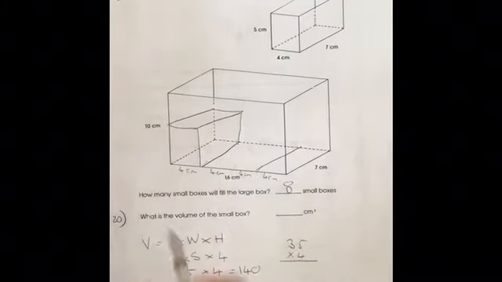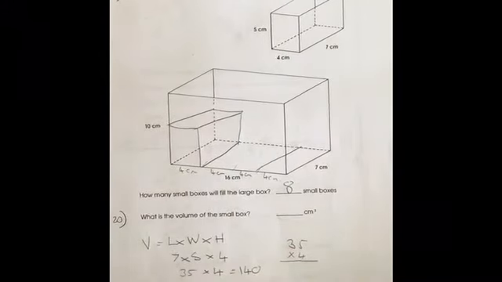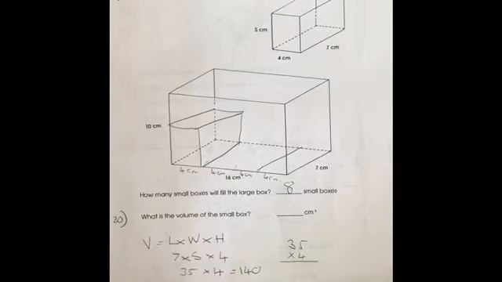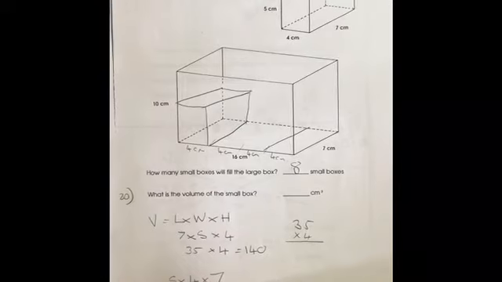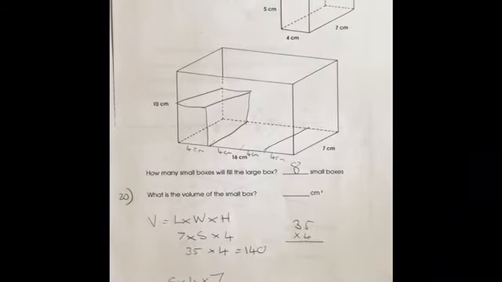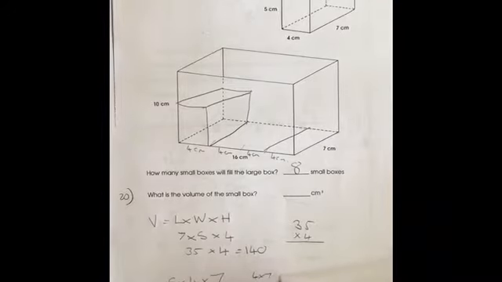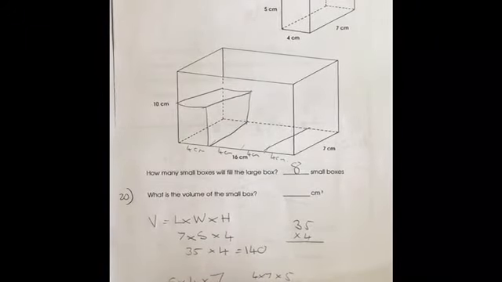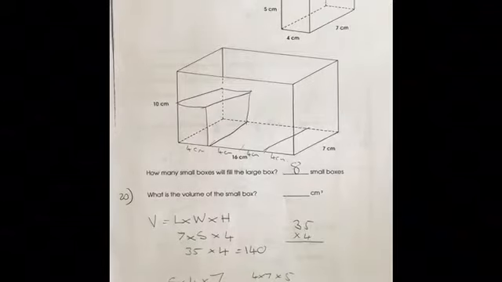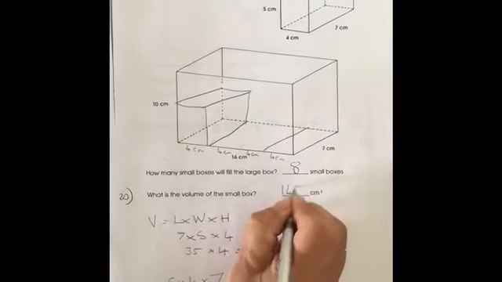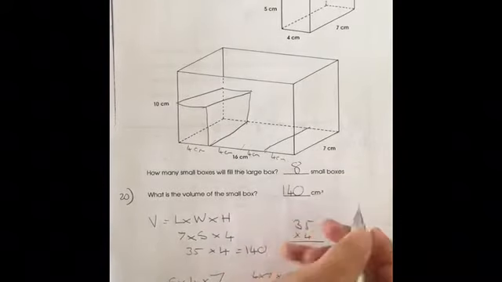But you can multiply those in any order. You could do 5 times 4 times 7, and that would be 20 times 7, which would be 140. You could do 4 times 7 times 5, and that would be 28 times 5, which will give you 140. Whatever way you do it, whatever direction, you'll always end up with the same answer. But the answer was 140 centimetre cubes.